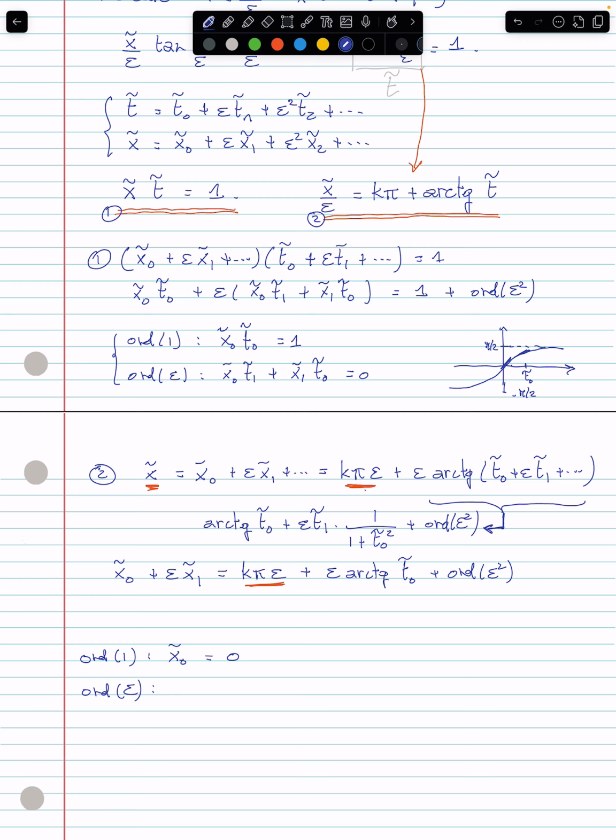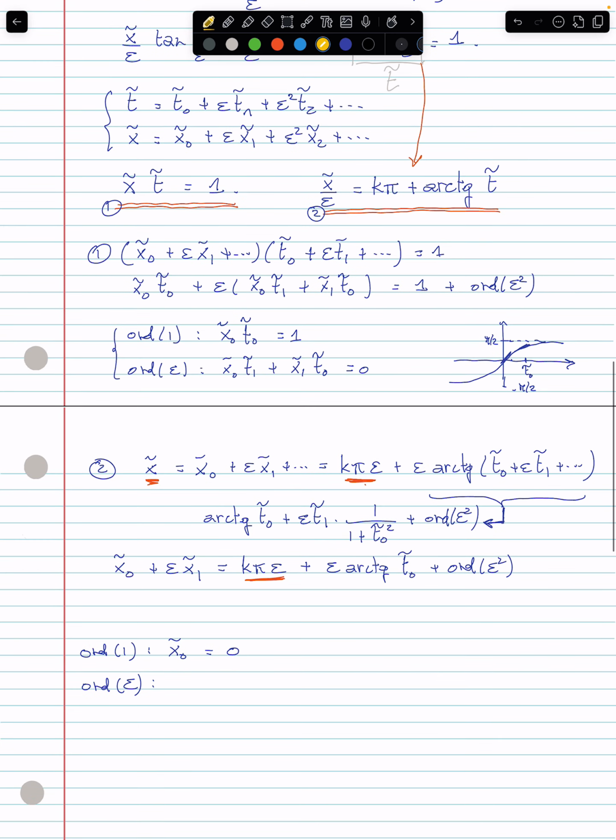We haven't made any assumption on k yet. But what we need to say now is that k over here is large. And this is why actually we can't really capture the small roots with this approach. And the way to say that k is large, well, is just to make sure that k pi epsilon matches the order of magnitude of x0 tilde, which is of order 1.